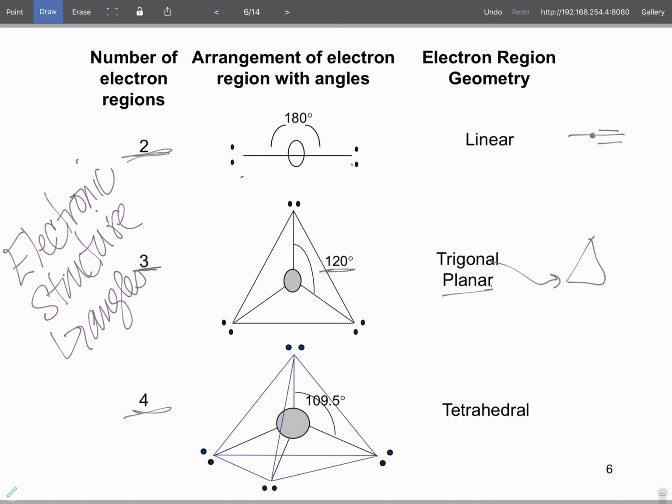If you have 4, you have a tetrahedral. And everybody's like, what? Well, if you think back to geometry, a 4-sided figure is a tetrahedron. Now, rectangles or squares are forms of tetrahedrals, but tetrahedrals are 4-sided figures. So the thing about a 4-sided figure is it's in 3 dimensions and you're looking at it in 2.